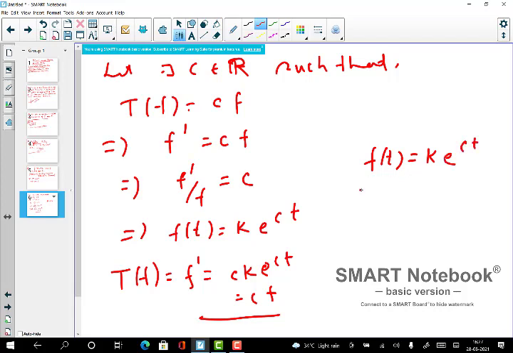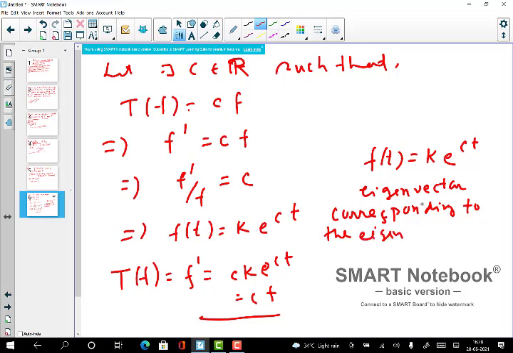These are the eigenvectors corresponding to the eigenvalue c. And obviously if you choose c equal to 0, you see that this is a constant. So constant functions are the eigenvectors. Okay, so this is a nice example.